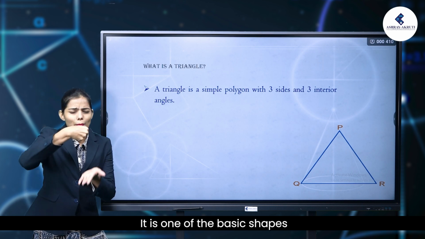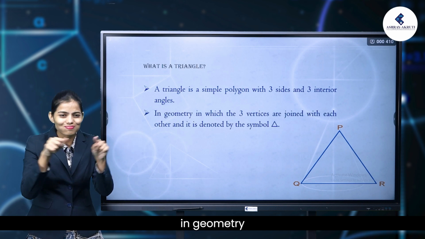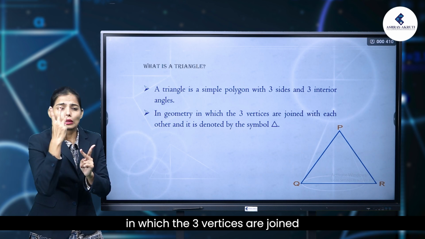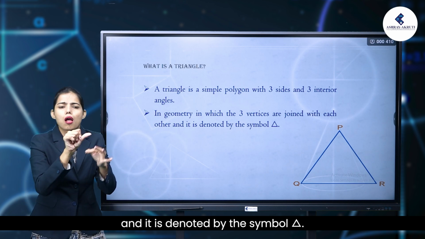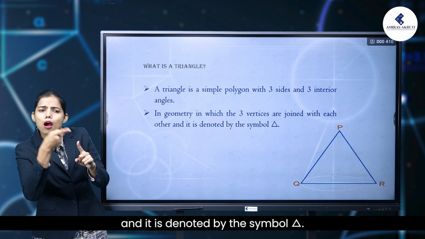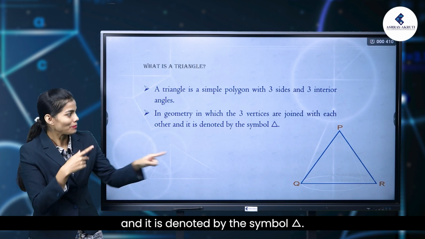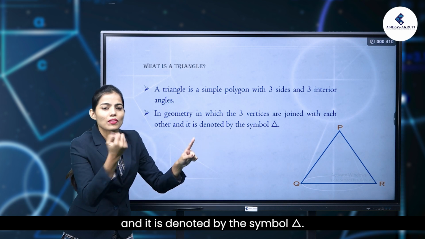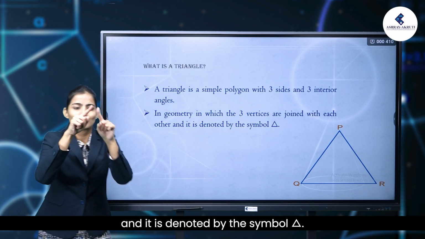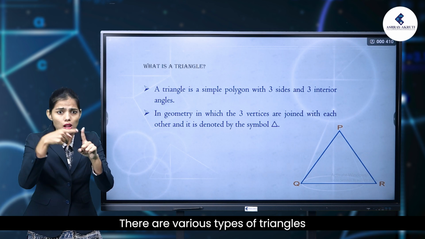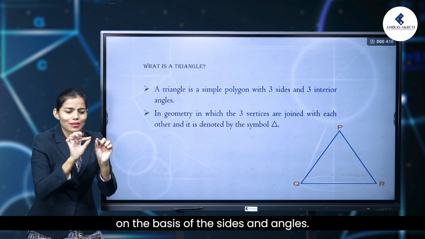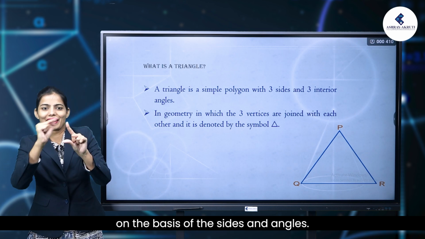It is one of the basic shapes in geometry in which the 3 vertices are joined with each other, and it is denoted by the symbol triangle. There are various types of triangles that are classified on the basis of the sides and angles.